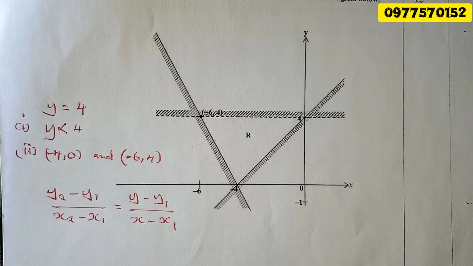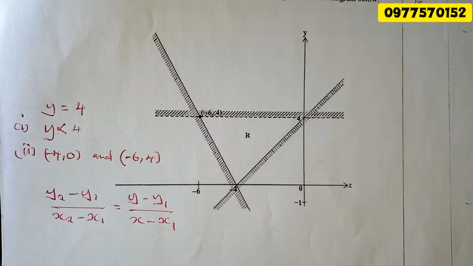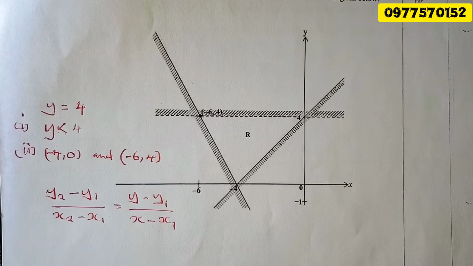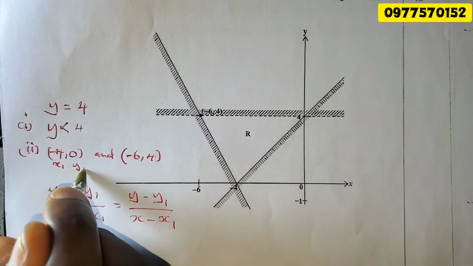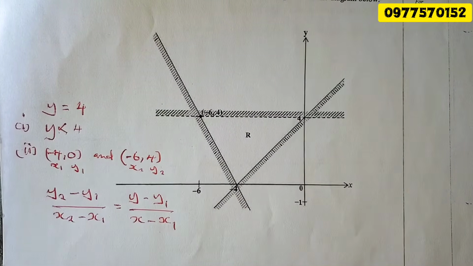You see how simple this is? It is simple because you are finding the y-intercept and the gradient at the same time. Okay? So let's substitute. This is x1, this is y1, this is x2, this is y2.